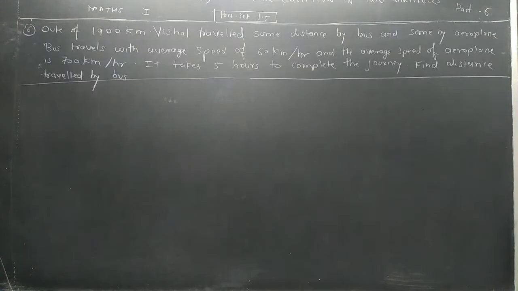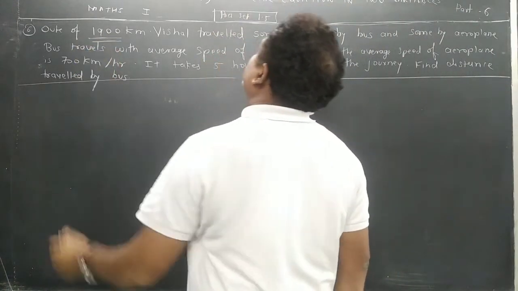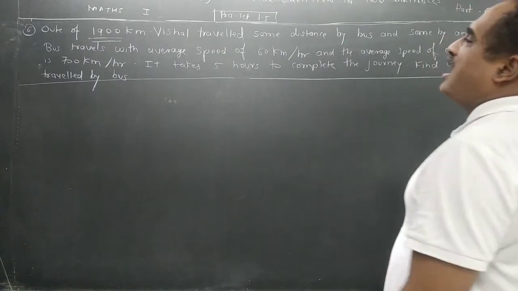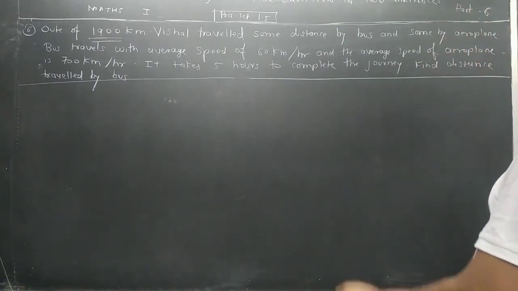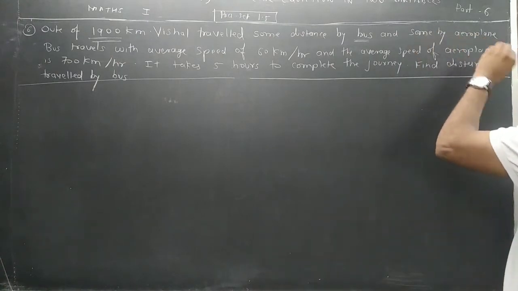Now it is the 6th question. Out of 1900 kilometers, we shall travel some distance by bus and some by aeroplane.